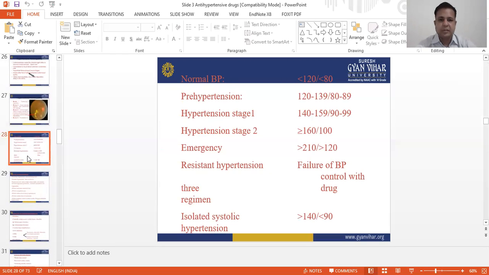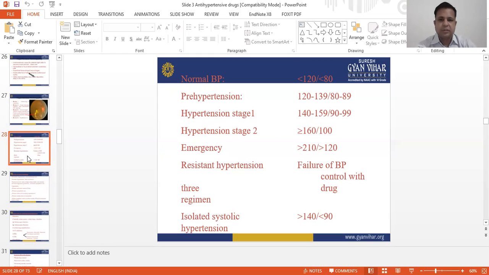First of all, let's discuss the various blood pressure conditions. A normal blood pressure of our body is 120 systolic pressure and 80 diastolic pressure. At the pre-hypertension stage, it would be between 120 to 139 systolic pressure and 90 to 99 diastolic pressure.